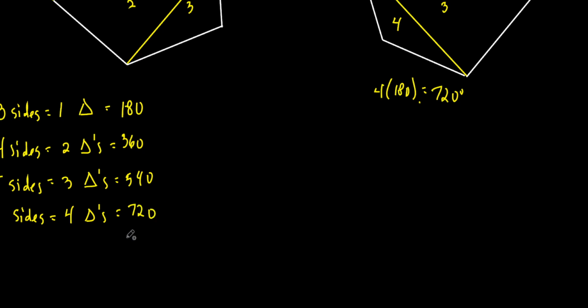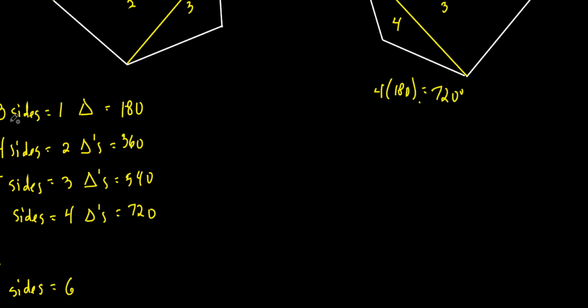Let's do some more. Let's skip 7 and go to 8, because we see 8 a lot. What if I go to 8 sides? How many triangles am I going to get? I'm going to get 6 triangles, right? 6 was 4, and if I had 7, it would be 5. 8 would be what? 6.